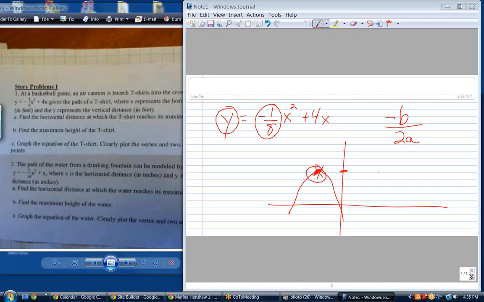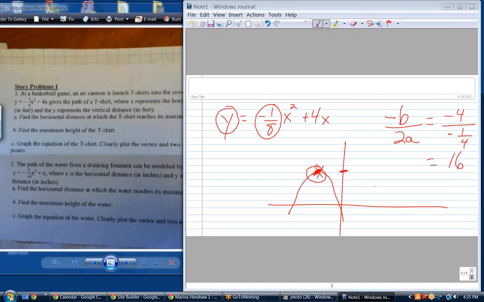So what's minus b over 2a equal? 16. No, it's minus 4 over minus negative 0.25. And all of that is plus 16.